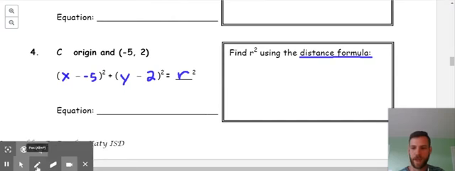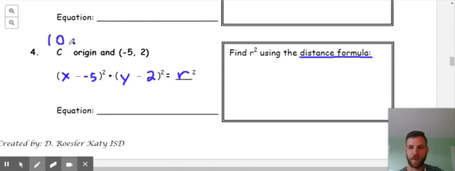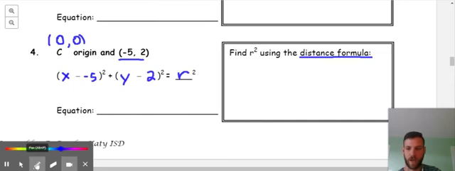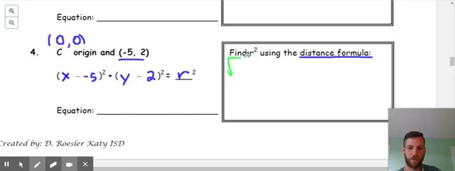Now that you've written that down, let's try using the distance formula to see how far away the point 0, 0 is from the point -5, 2. So we're going to basically do that on this right side in the blank space we have. So we're going to have this square root of our second point, -5, the x part, minus the first x part, which is just 0.